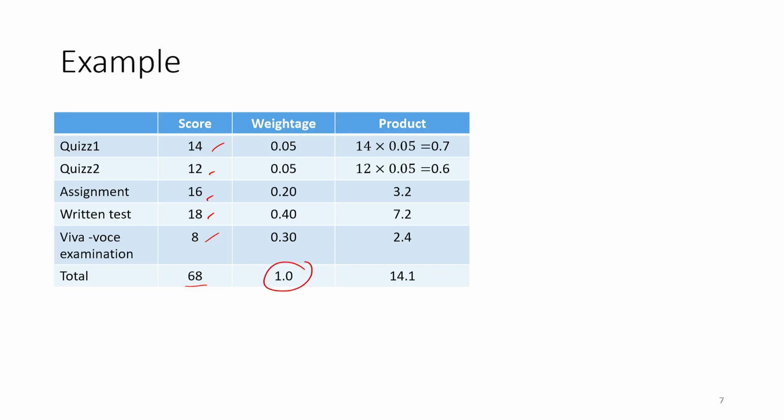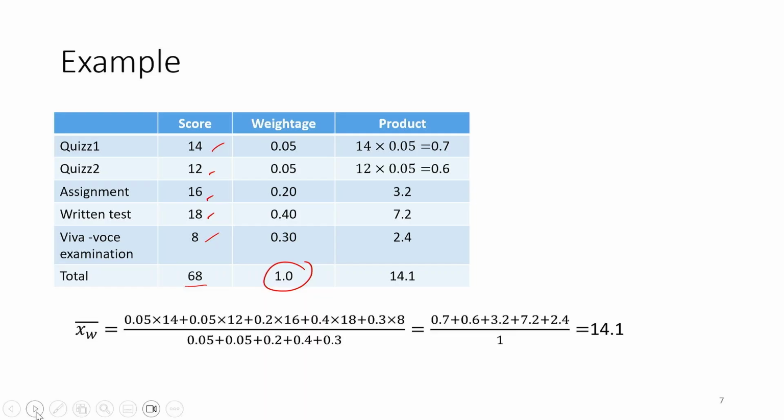And therefore, if we try to find out what is the weighted average of score, then we have to multiply the actual score with the weight. So 14 into 0.05, this is 0.7, 12 into 0.05, 0.6, like that. We'll keep on multiplying them and put the product in the third or in the fourth column in this case.